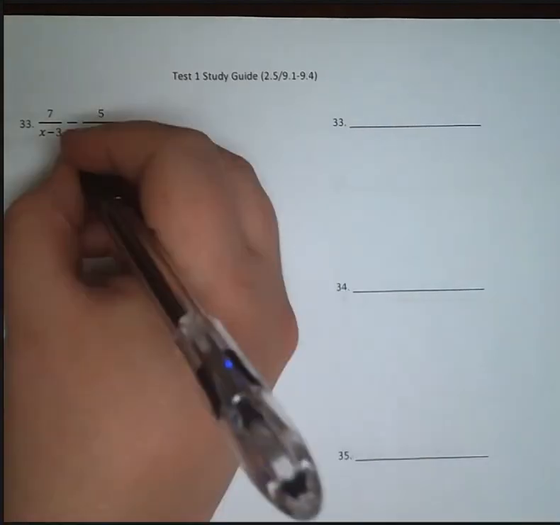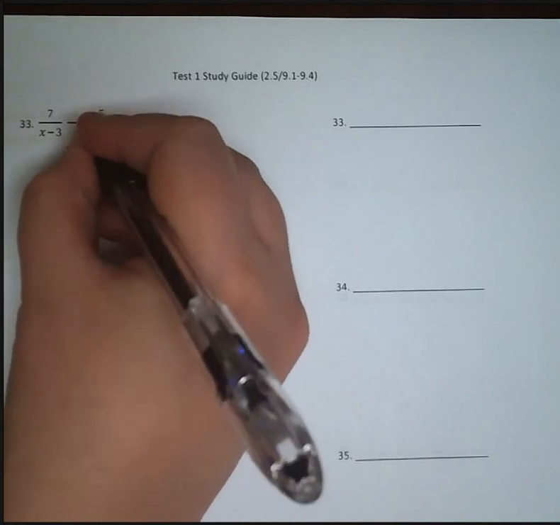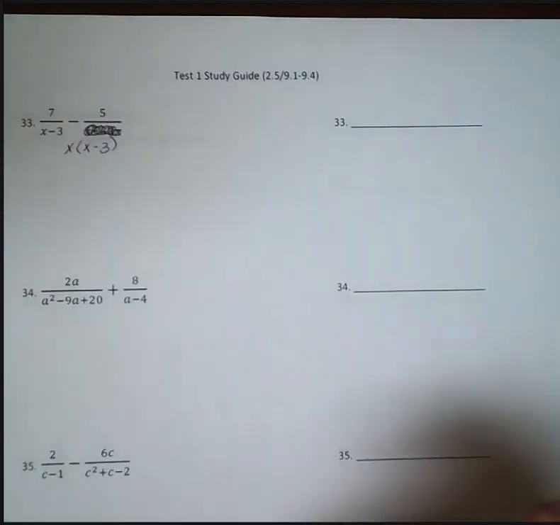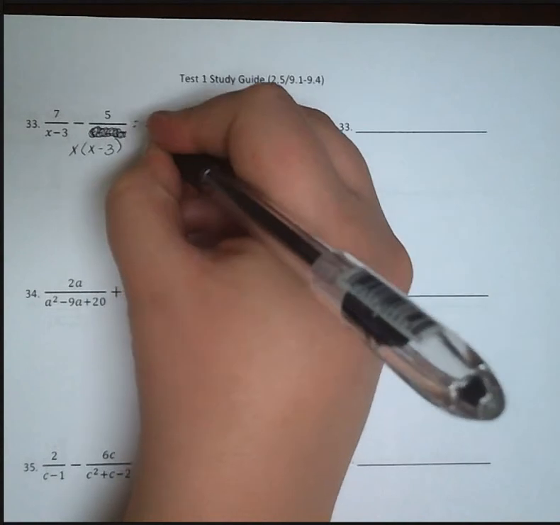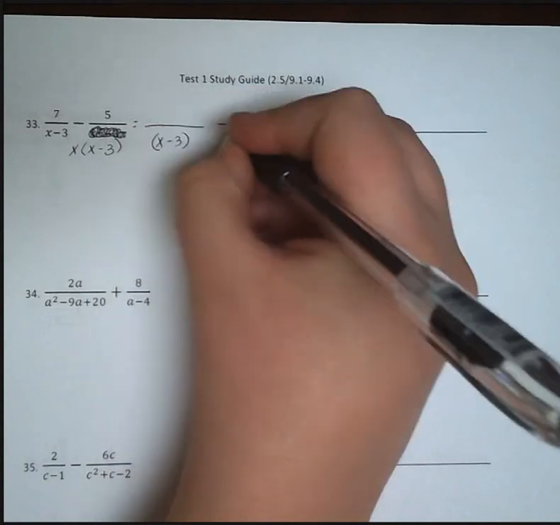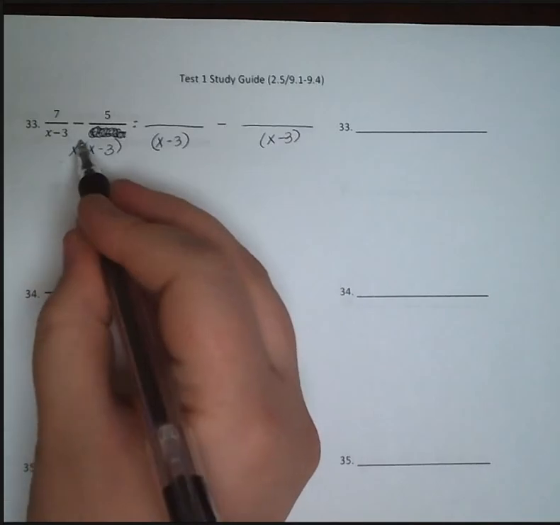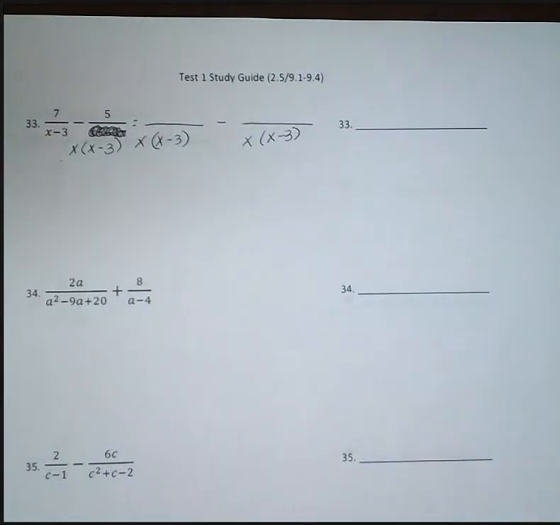We could pull an x out to give us x minus 3 left over. So we know x minus 3 has to be in our common denominator, but we also have to incorporate that x. So our common denominator is going to be x times x minus 3.